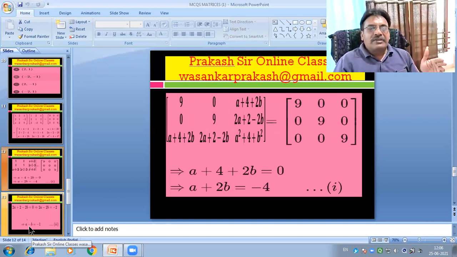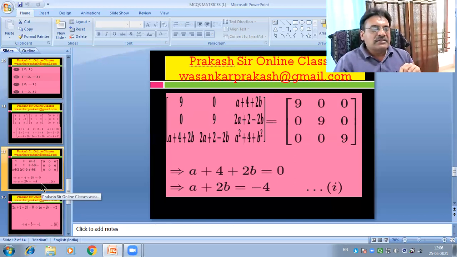Then 2b, negative negative positive, so plus b, 2b plus b is 3b, which equals minus 4 plus 1, that is minus 3. So 3b equals minus 3. Therefore, b equals minus 1. This is the value of b.